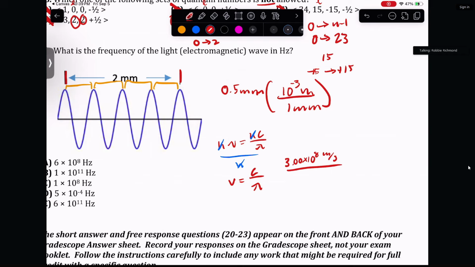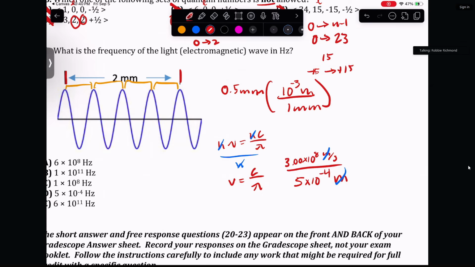I get 5 times 10 to the negative 4 meters. Meters cancel out. And frequency is going to be in terms of 1 over seconds.